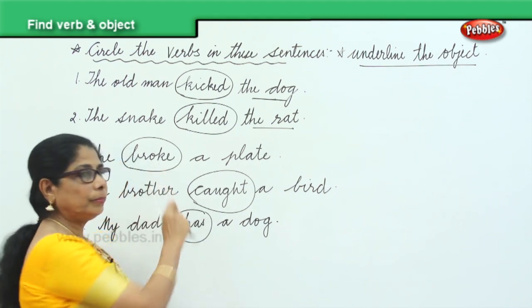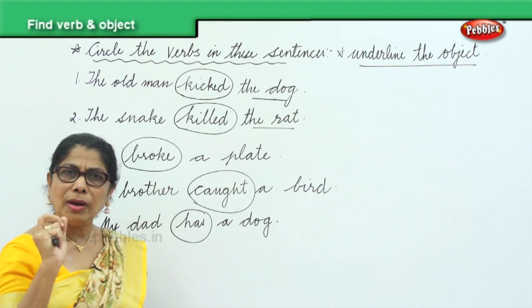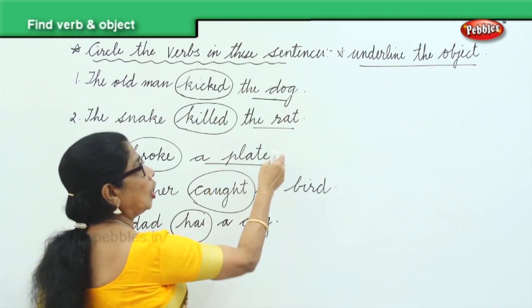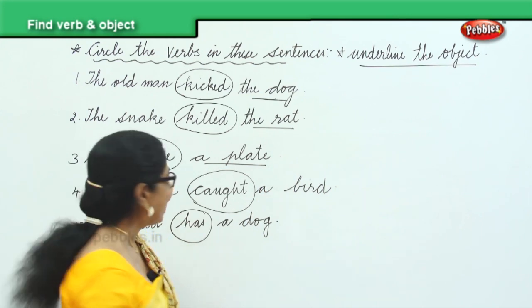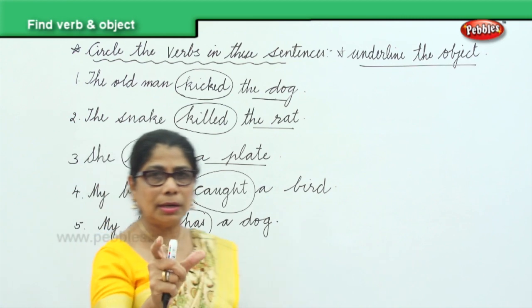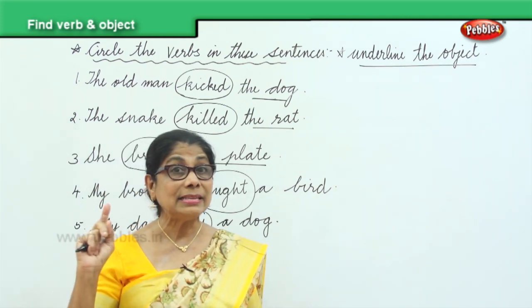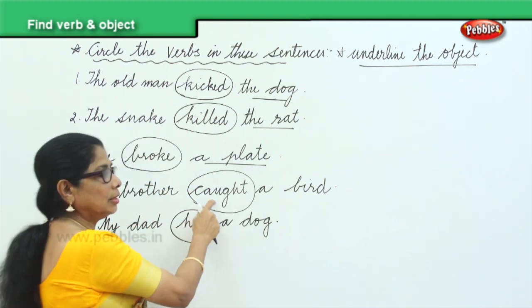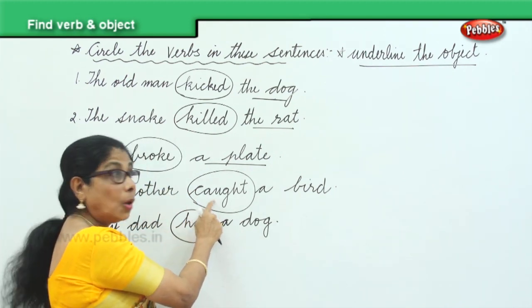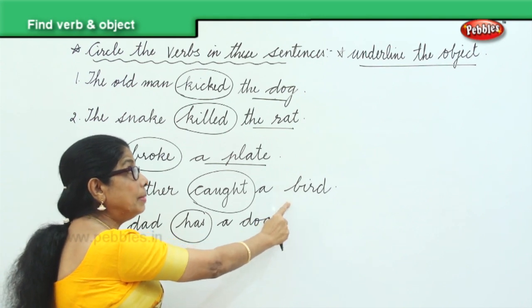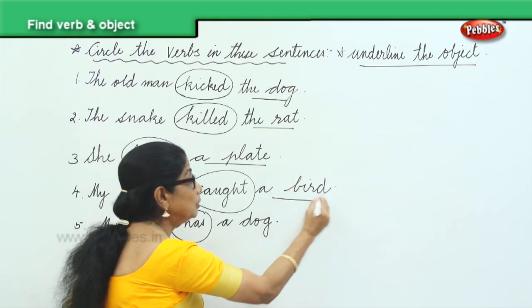Now, what object did she break? Plate. Plate is the object. Alright? And the next sentence you have, my brother caught a bird. My brother is the subject. What did he catch? He caught. That is the verb. What did he catch? He caught a bird. This is the object that he caught.